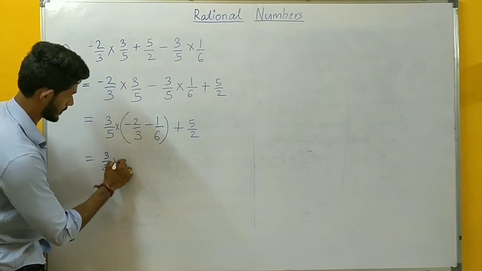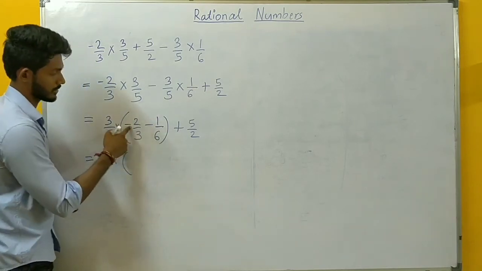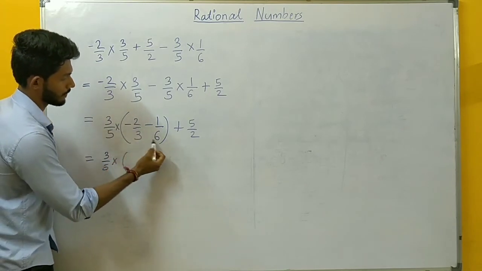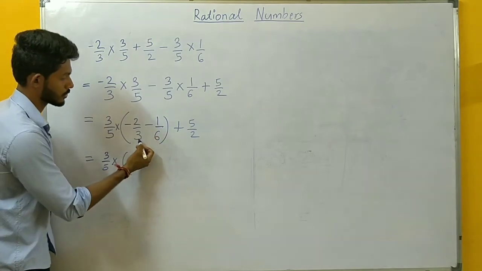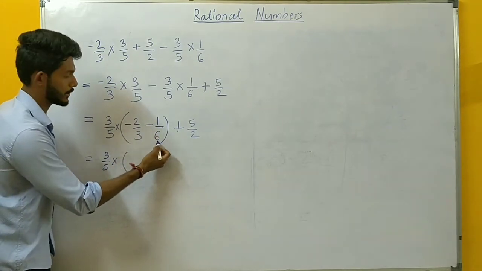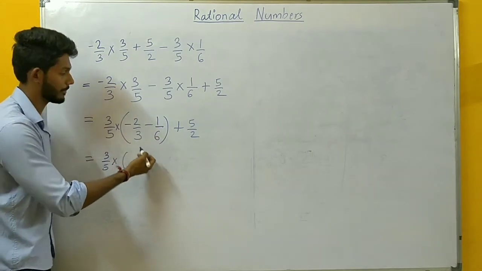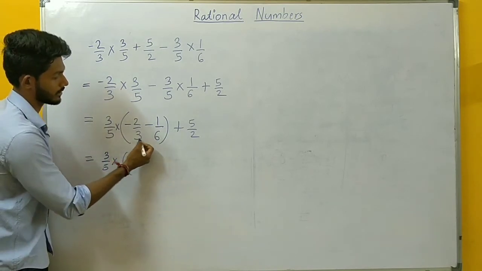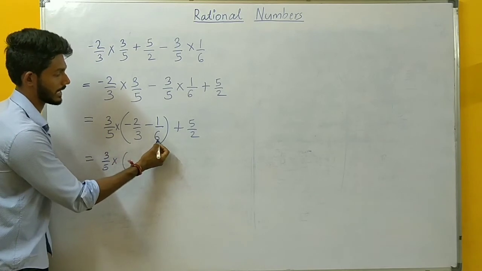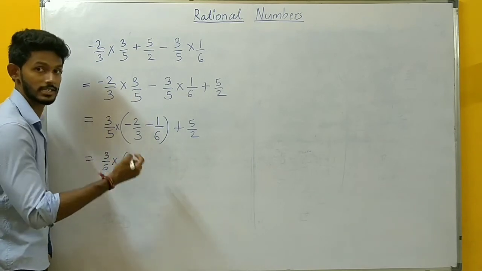3 by 5 multiplied to. As you can see here, we have to subtract these rational numbers. So we don't have same denominator. So that's why we will have to make the denominators same. That is, we will make this 3 as 6, because the LCM of 6 and 3 is 6.